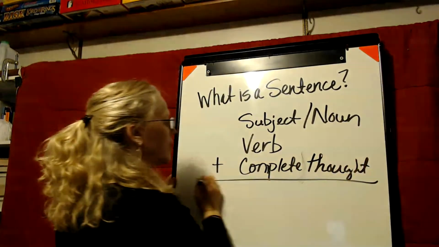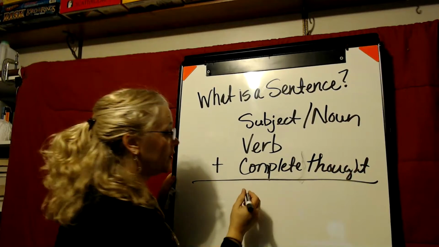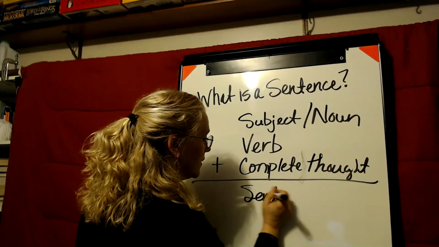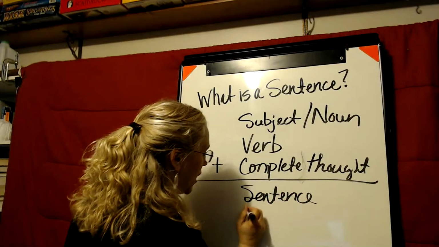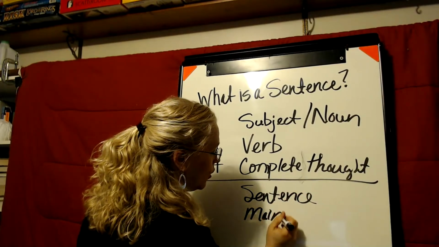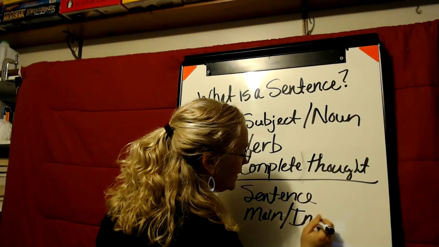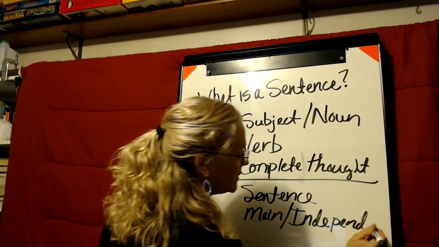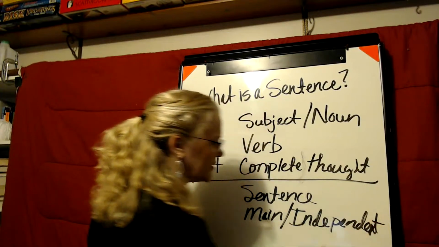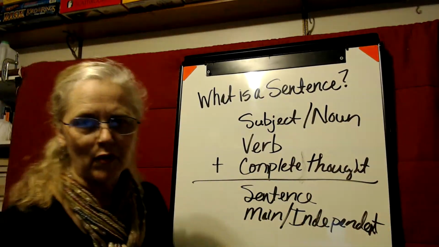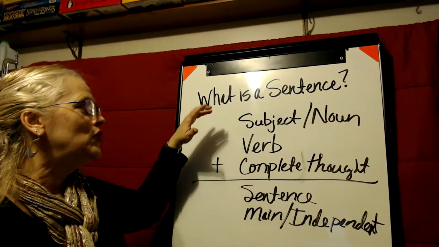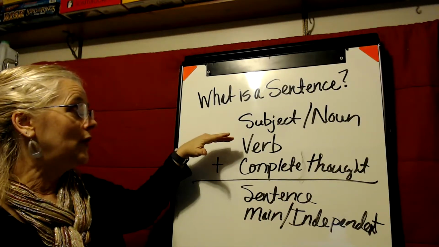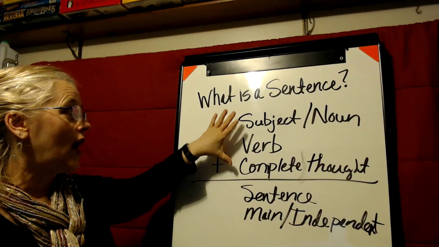And those are the minimum for what we would call a sentence, but also for a main or independent clause. So you need a subject, you need a verb, and you need a complete thought.